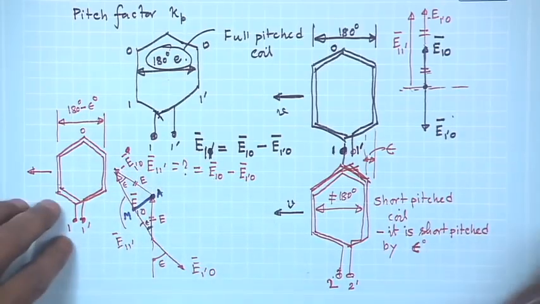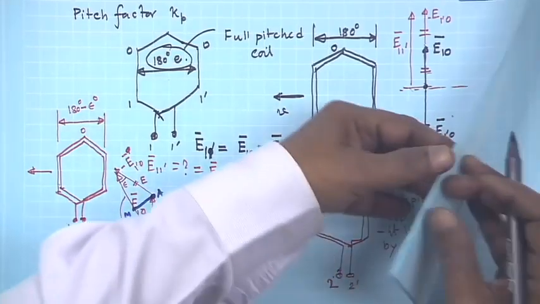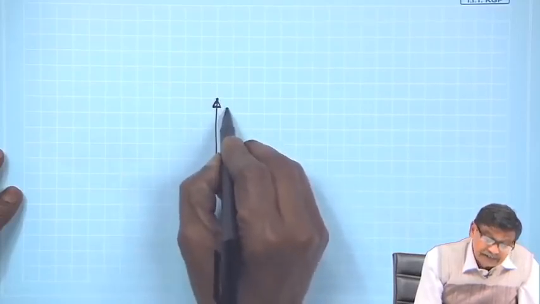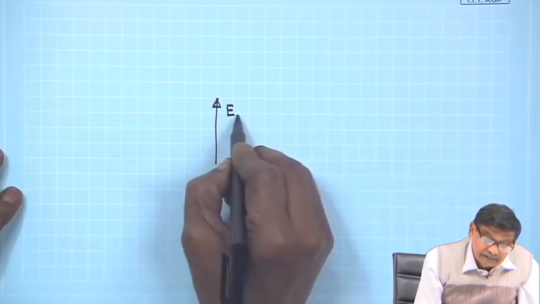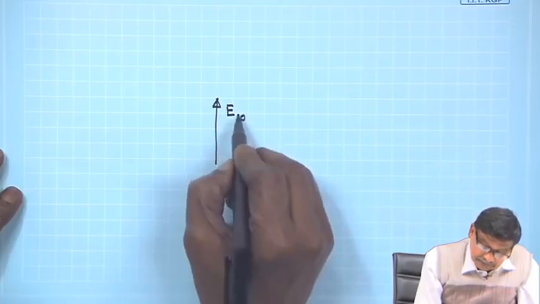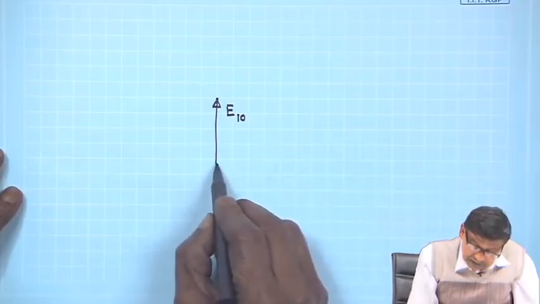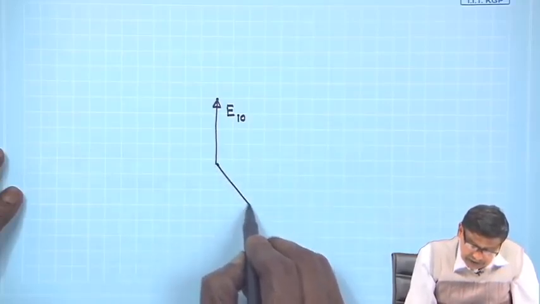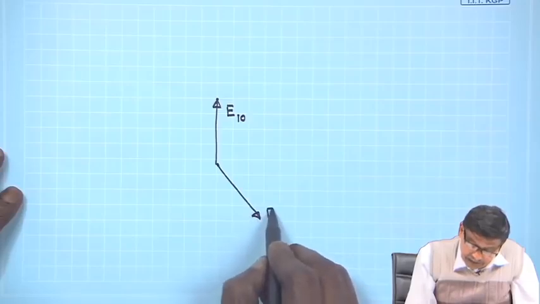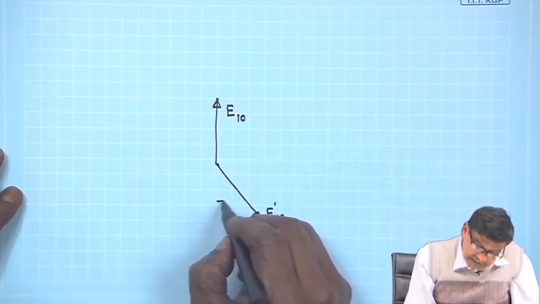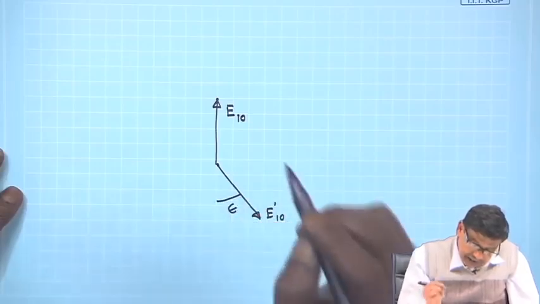So, I will redraw it. What you do is, this is E 10, then E dash 10 will be somewhere here of same length, and this angle is of course epsilon, that is fine.